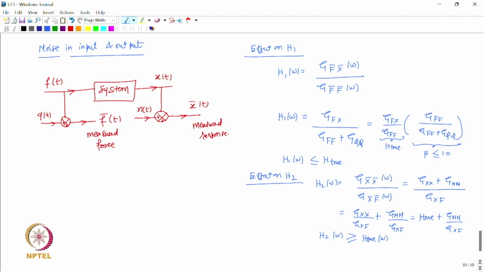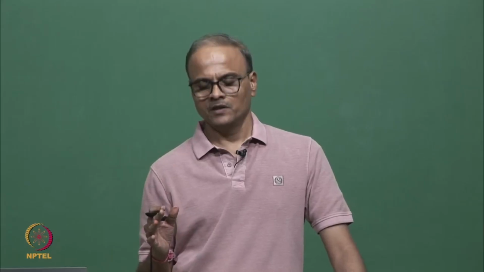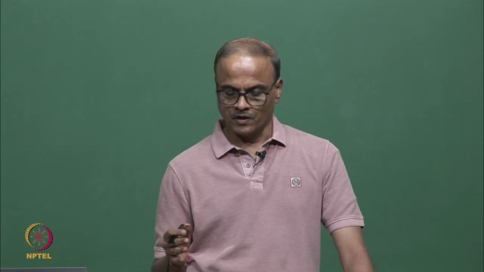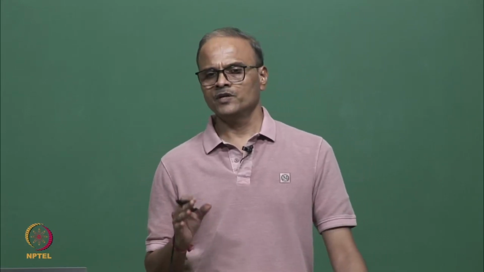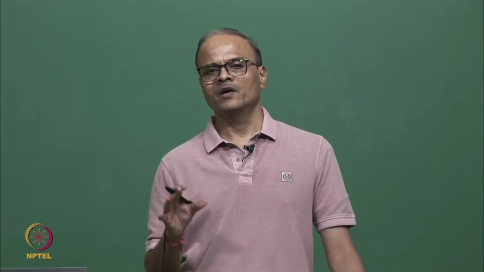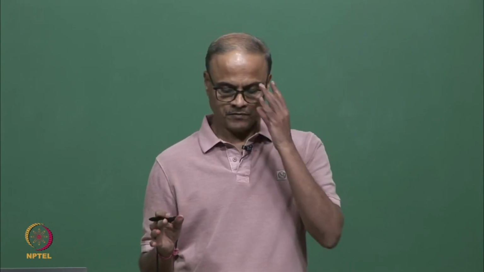So, what is the conclusion? That the estimates H1 and H2 now both will be affected by noise, because noise exists in the input as well as output. However, H1 and H2 provide lower and upper bounds on the true FRF.